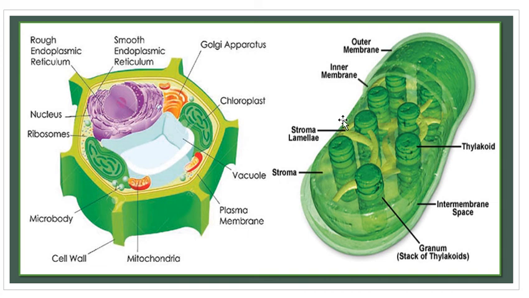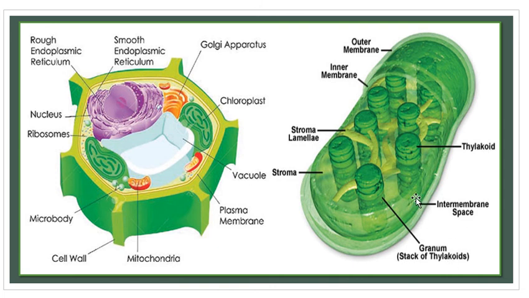If we take a cross-section or look inside the chloroplast, these are the parts we can see. It has an outer membrane or covering, an inner membrane, and the stroma. The stroma is the space that holds these other parts. And then, there is a circular part called a thylakoid. Many thylakoids stuck or piled together are called a granum, or stack of thylakoids.